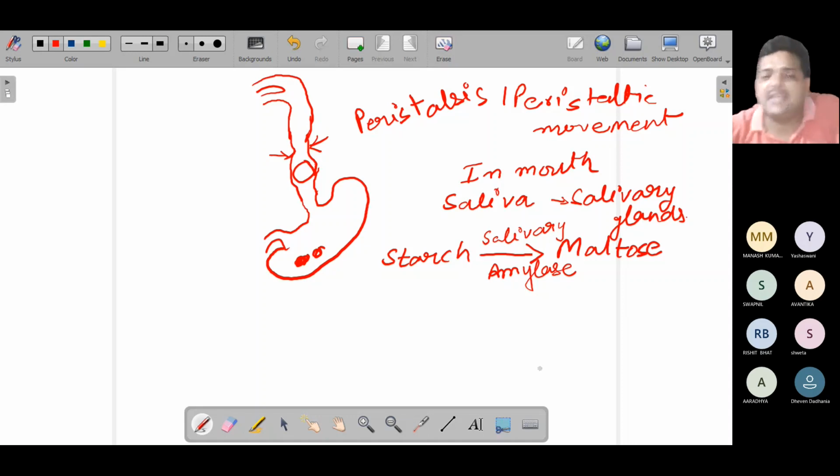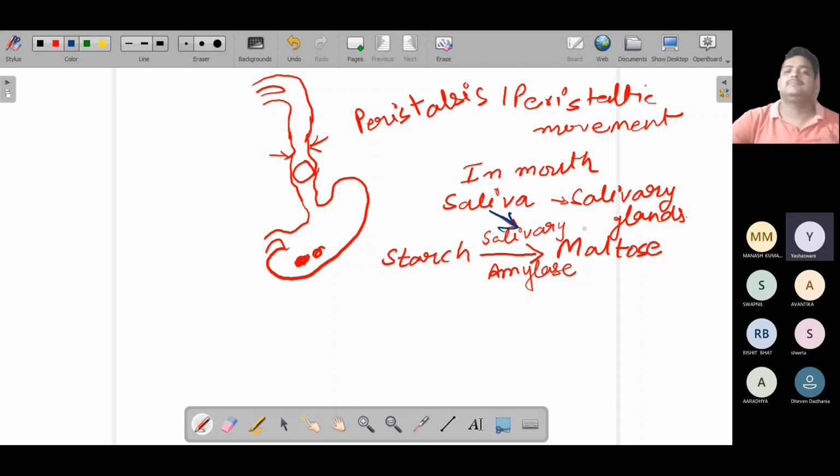So starch is digested by salivary amylase, which is an enzyme contained in the saliva. Our saliva contains salivary amylase. This salivary amylase helps in the digestion of starch, and it digests starch into maltose.